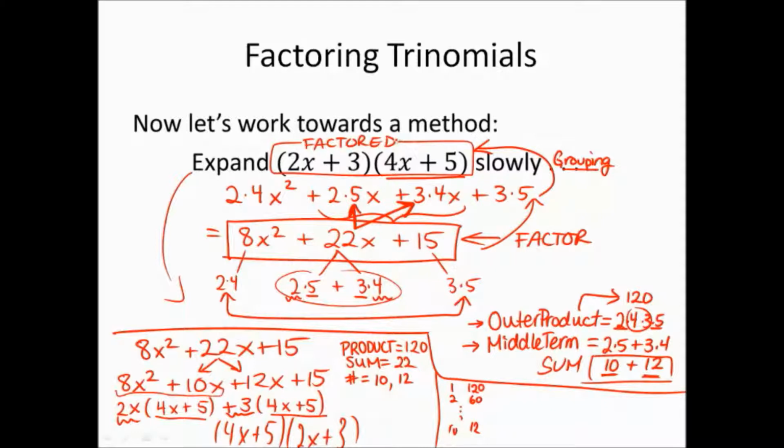So we've got a method for the factored form. And it involves looking at the total product from the end numbers, because those are the ones that get to be how they are by multiplication of the distribution step, and the middle term, which is made up of two numbers that multiply to the outer product and sum up to the middle term.